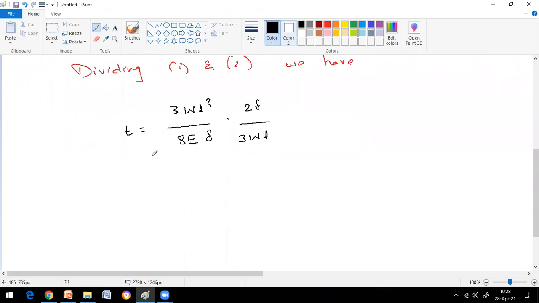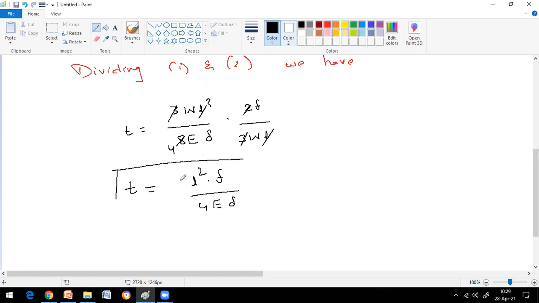Finally this can be written as T is equal to, L will get cancelled, so finally this is L square into F by 3 will get cancelled, 2 times 4, E delta. This is your thickness formula, with which you can calculate the plate thickness.